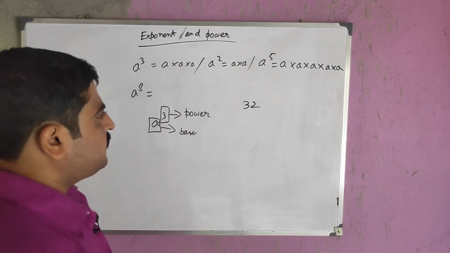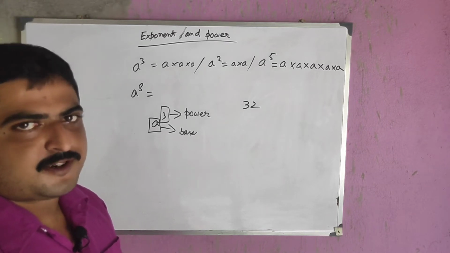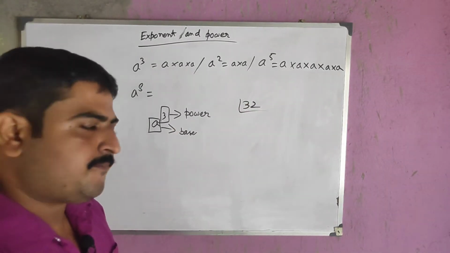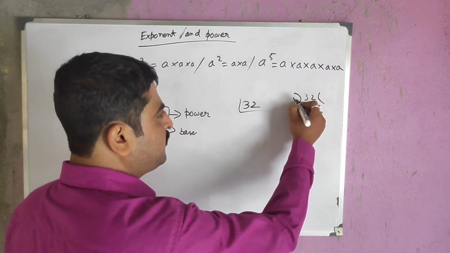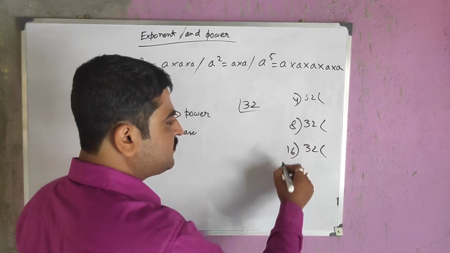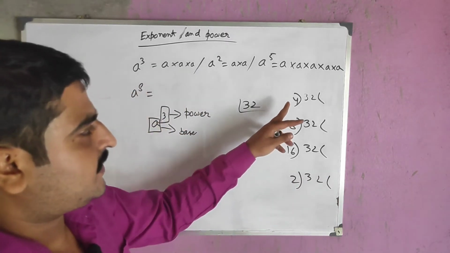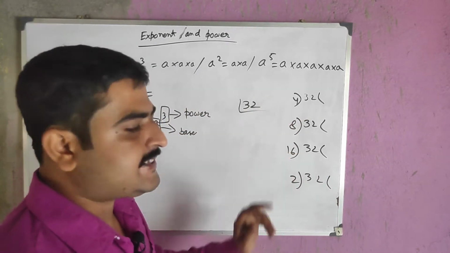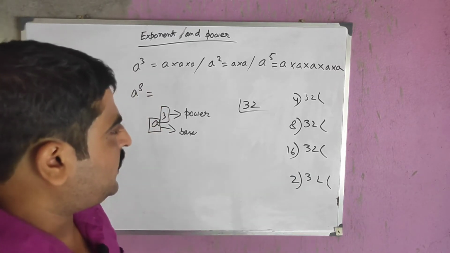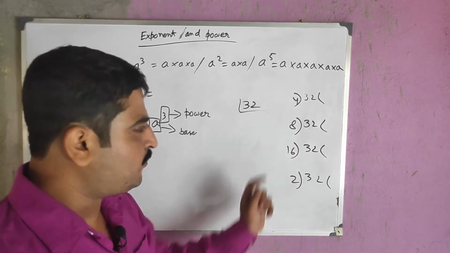For that you have to break 32 using the prime factorization method. 32 is divisible by 4 also, 32 is divisible by 8 also, 32 is divisible by 16 also, and 32 is divisible by 2 also. But these 4, 8, 16 are not prime numbers. The prime number is 2. So whenever you are going to factorize a number, always take the prime ones, not the composite ones.